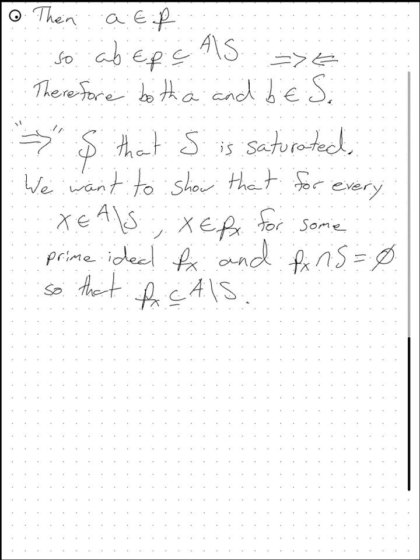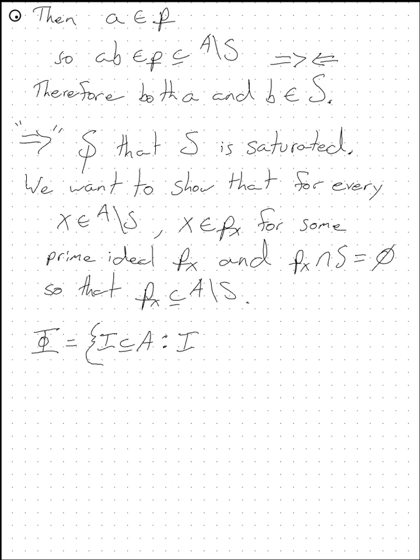So let's define a set. I'll call it capital Phi, to be all ideals of A that are disjoint from S. The intersection with S is empty.